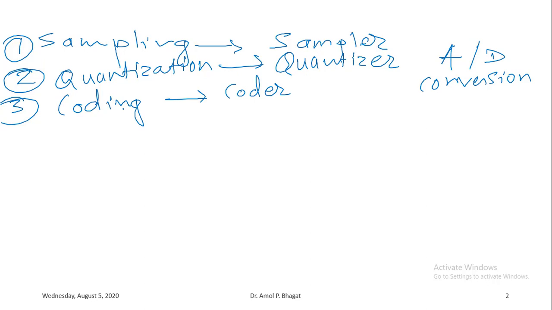So let's look at how these steps are performed by the analog to digital converter, which is the device for converting an analog signal into a digital signal. Your analog signal is generally represented as xa(t). Here xa is the analog signal, which depends on the independent variable small t.